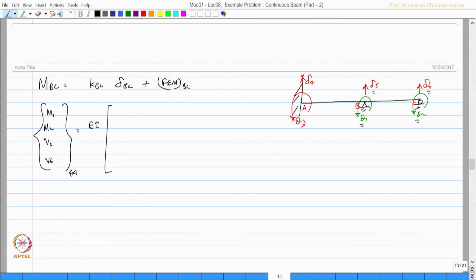We have the stiffness matrix of BC, I am writing it here, we already derived that.